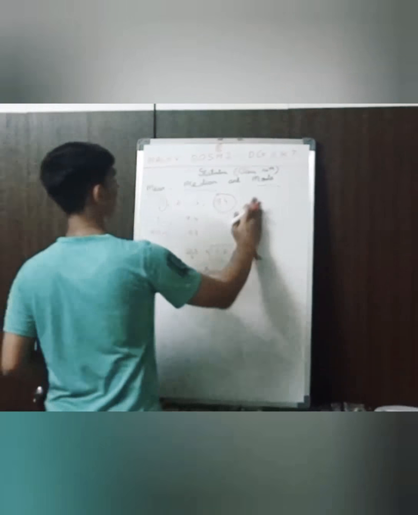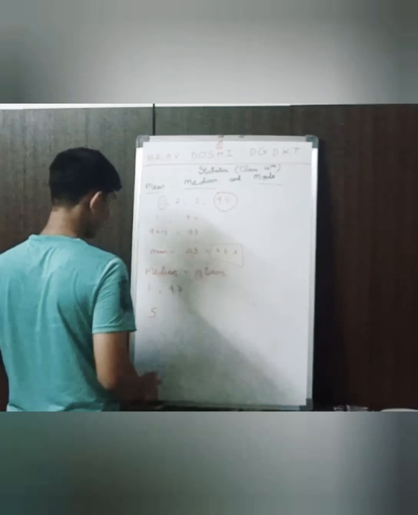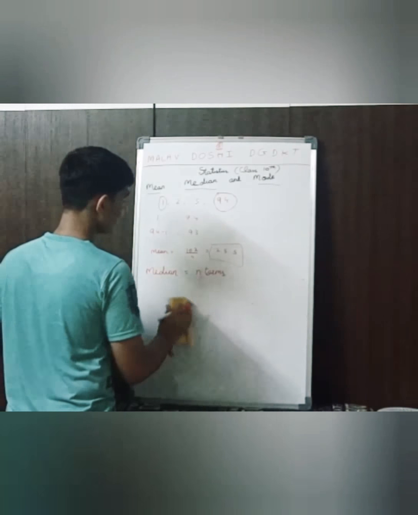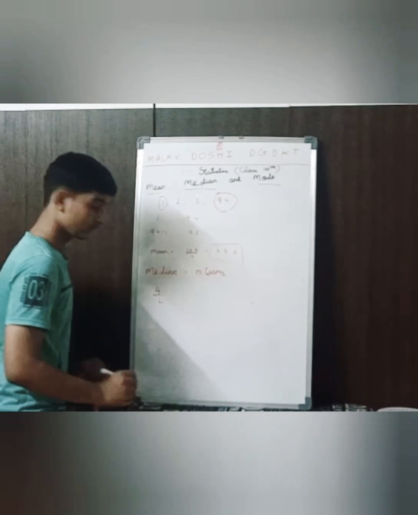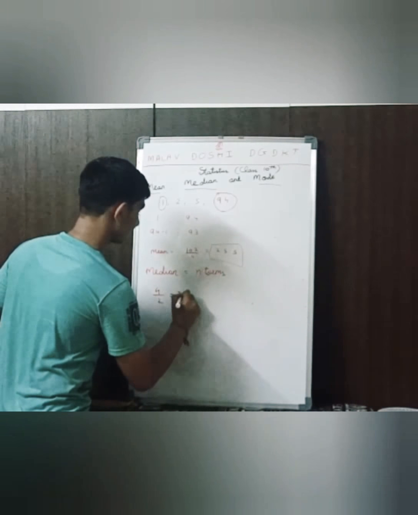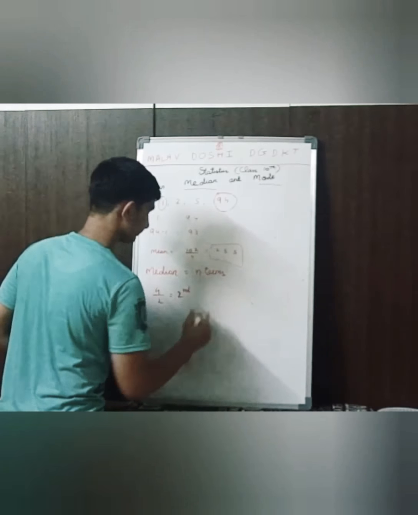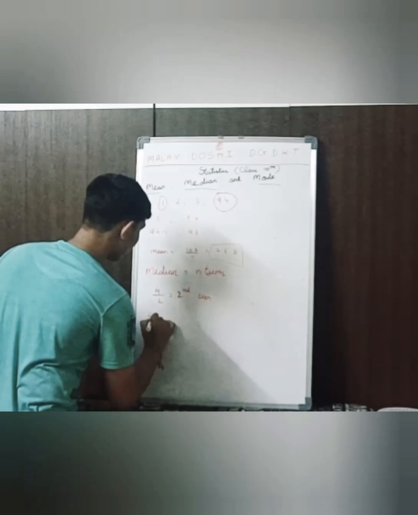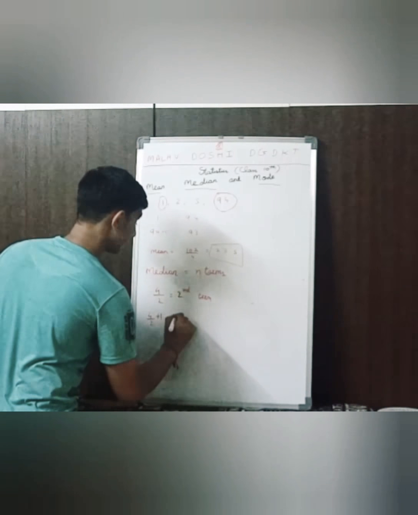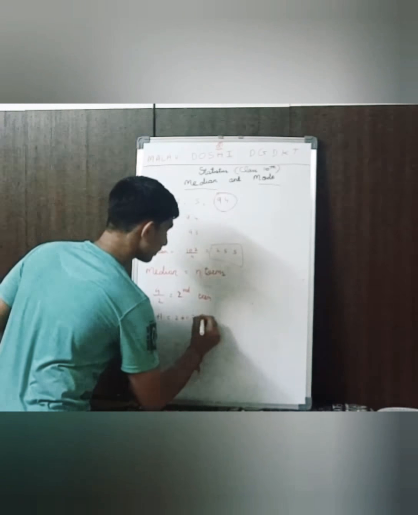If there would be only 1, 3, 5, 94, then there are 4 terms. So what you will do? Divide 4 by 2, then you get the second term. Then divide 4 by 2 and add 1, then you will get the third term.